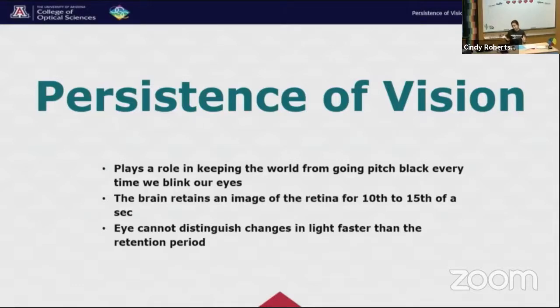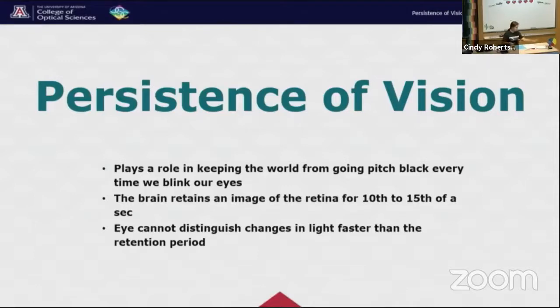So persistence of vision is when our eyes hold on to those images for longer than what they are actually appearing in real life. So the human eye holds all images on their eye for about 1/10 to 1/15 of a second, which pretty much means that anything that's played back to back faster than 1/10 of a second looks continuous. It looks like a video.